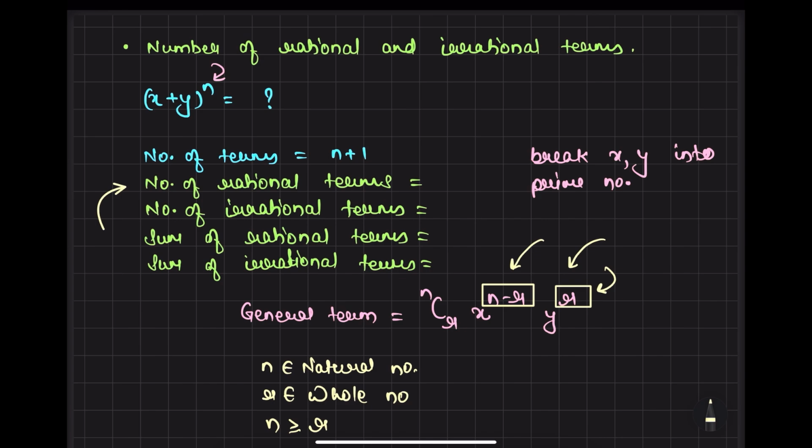Under these parameters, you have to find the situations where these terms are rational. I hope you got the rough idea. While we solve illustrations, you will get a better understanding. Okay, let's move on to the illustrations.